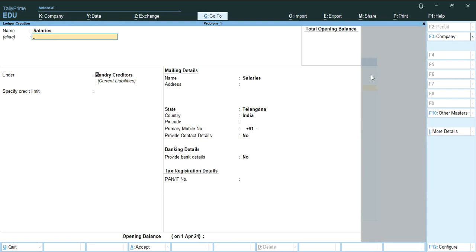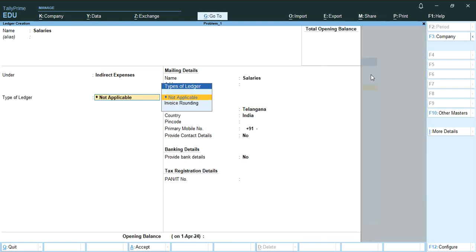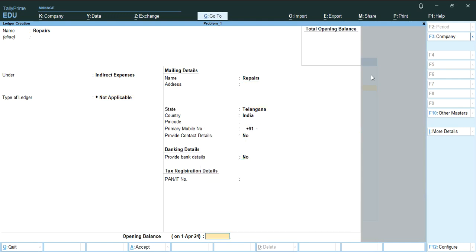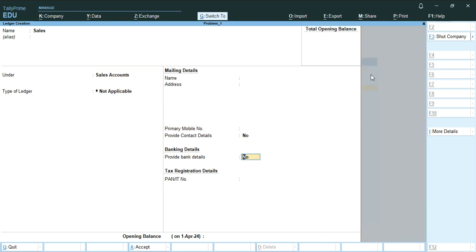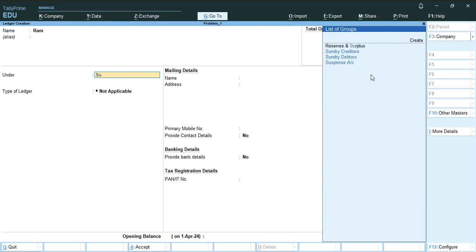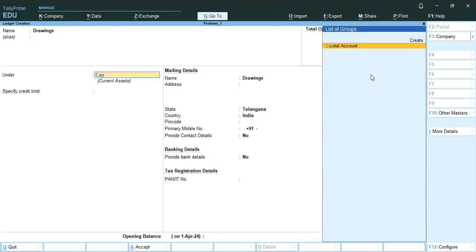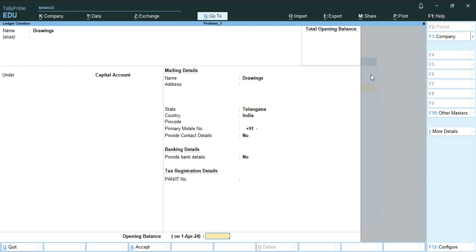Salaries, rebates, and stamps and duties come under indirect expense. Sales comes under sales accounts, and the customer comes under sundry debtors. These are all the ledgers we need to create.